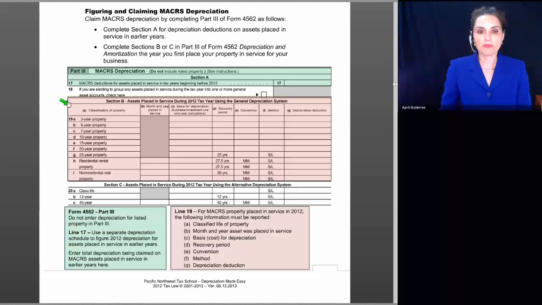Then in Section B, you complete Part B or Part C down below to figure depreciation and amortization for the year on assets that were placed in service during the current year, that is 2012. So line 17 is for depreciation on all assets placed in service in earlier years, and line 19 is for MACRS assets placed in service during 2012.